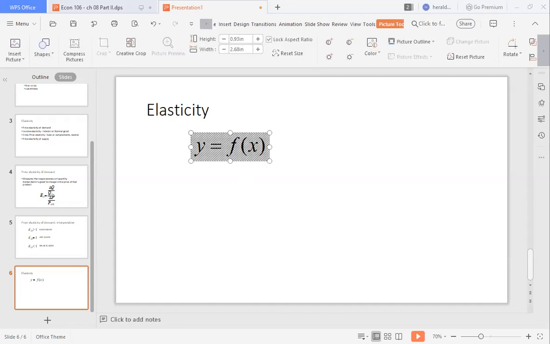Let me put the midpoint formula on the side, so that you can check dy, and we also have dx.